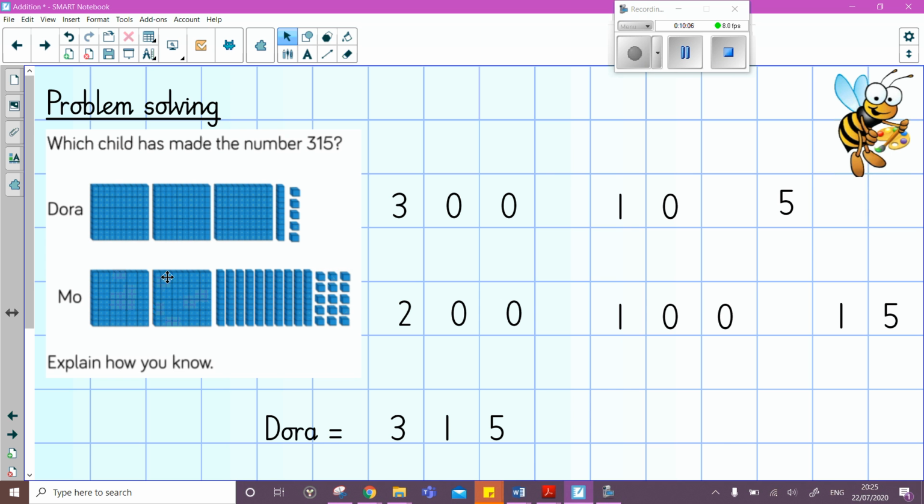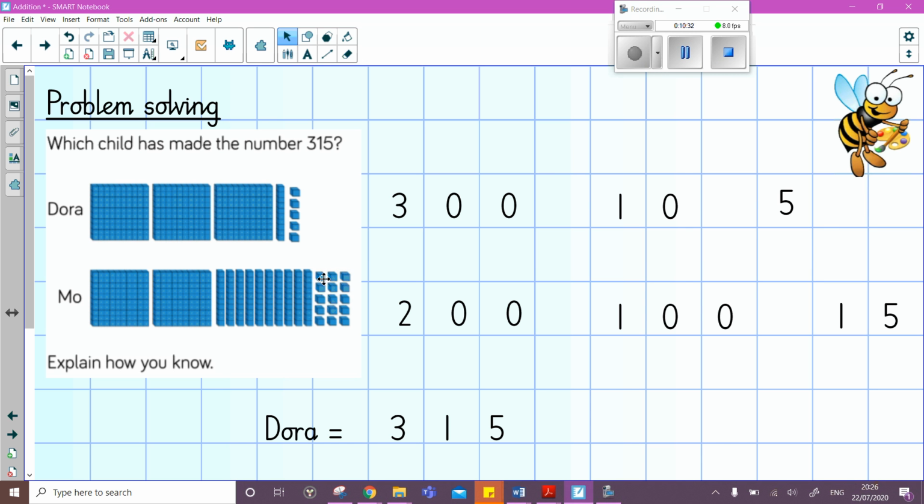So he had 200s, 100, 200, which I've jotted down here. And then when we count his tens, he's got 10, 20, 30, 40, 50, 60, 70, 80, 90, 100. So I've jotted down 100. We could replace those 10 tens with a block of 100, couldn't we? And then we can count our ones. And I can see he's laid them out in threes.